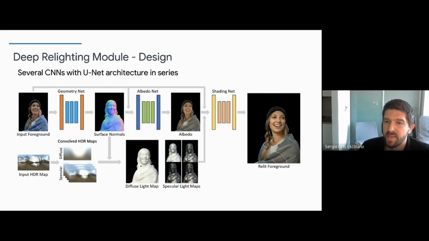Basically, if you convolve the HDR lighting environment with cosine lobes representing either a Lambertian or a specular BRDF, you can create this light map representation by indexing into the convolved panoramas using the surface normals. In gaming, this was implemented as a texture lookup using either reflection vectors or surface normals. In our case, we use the built-in TensorFlow image resampler.